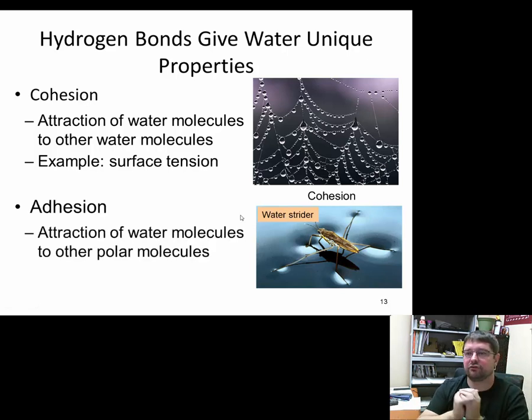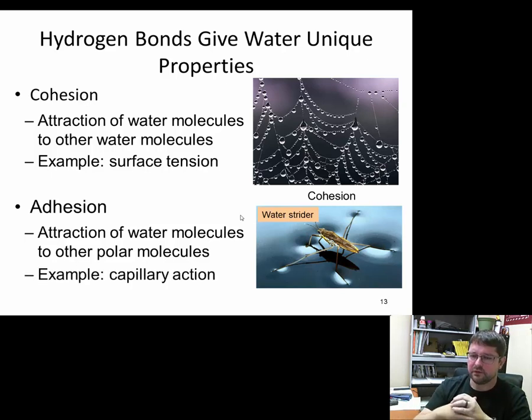The other piece is adhesion, or the attraction of water molecules to other polar molecules. Not only is this going to allow for things to dissolve in water, which means nutrients can move throughout the ecosystem, but it also allows for things like capillary action. To put this in perspective, think about the redwood forest, and the height of the trees.